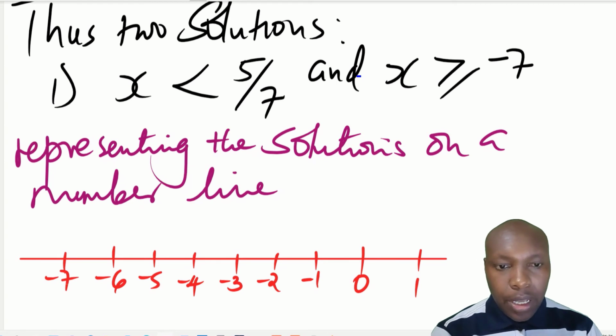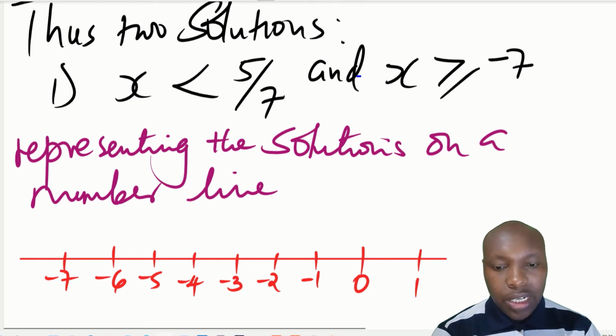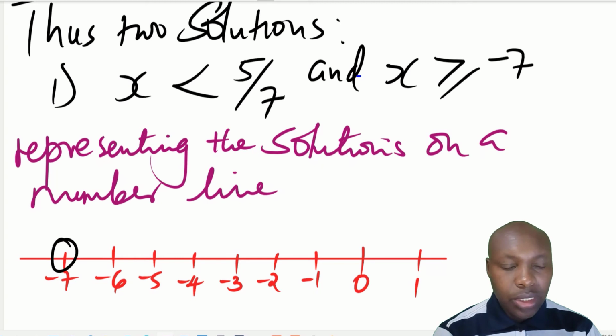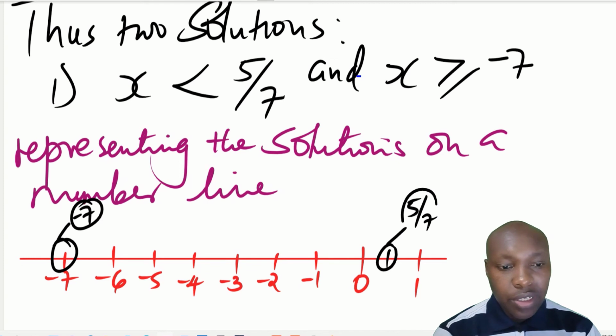So now we identify negative 7, and then 5 over 7 is somewhere between 0 and 1. We're just sketching the position, estimating. So 5 over 7 is there.